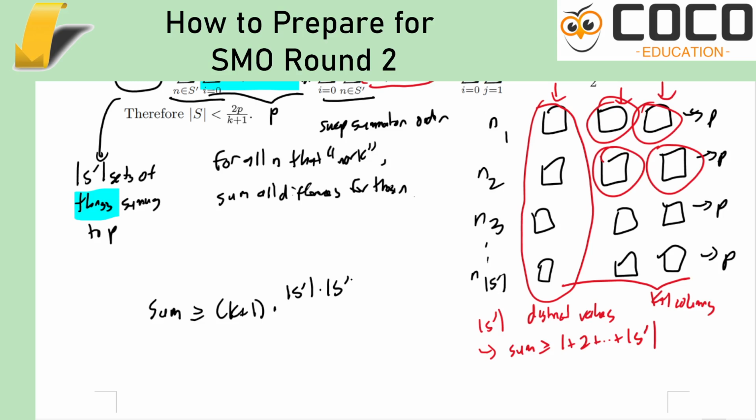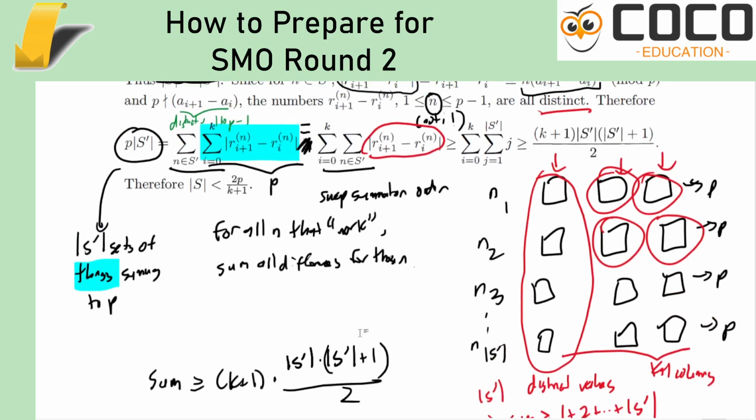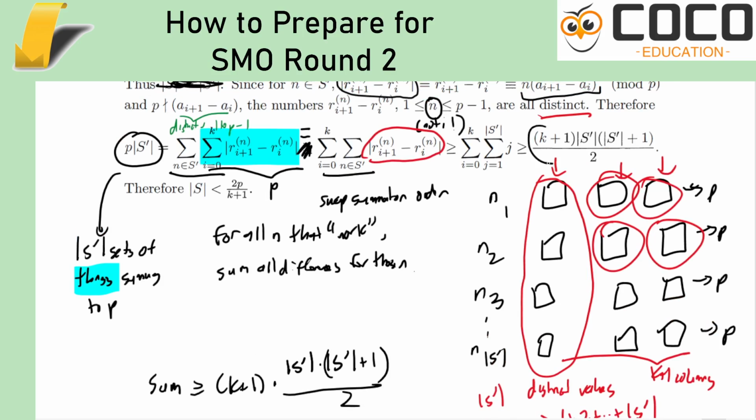And so the sum here is what you got down here. And therefore, the size of S, which is the same as the size of S prime, is going to be limited by that.